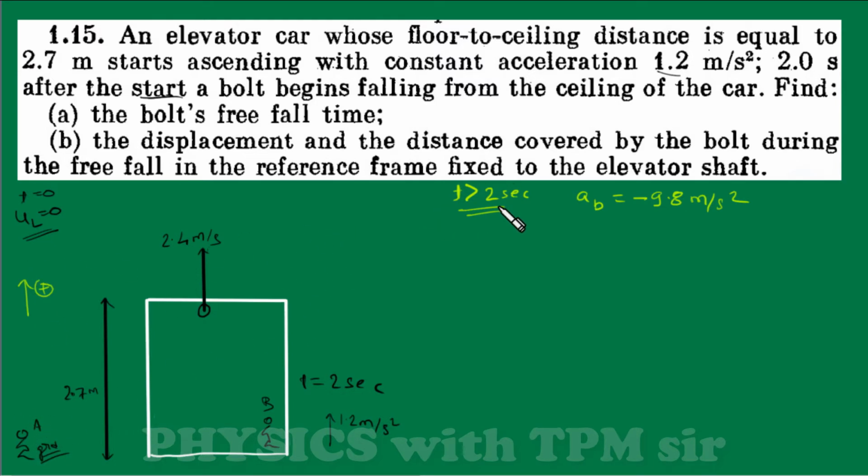Now for t greater than 2 seconds, acceleration of the bolt is g. I must write only g, so you will understand I took g as 9.8 meter per second square. And its velocity is plus 2.4 meter per second, right?